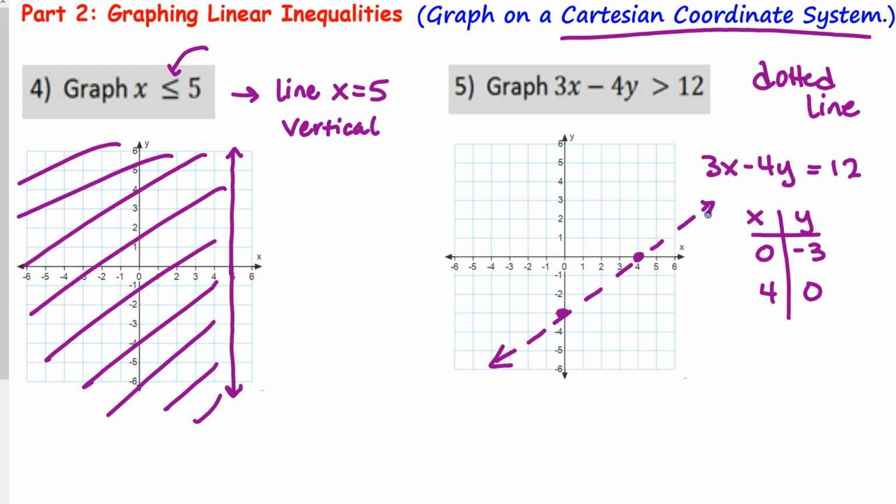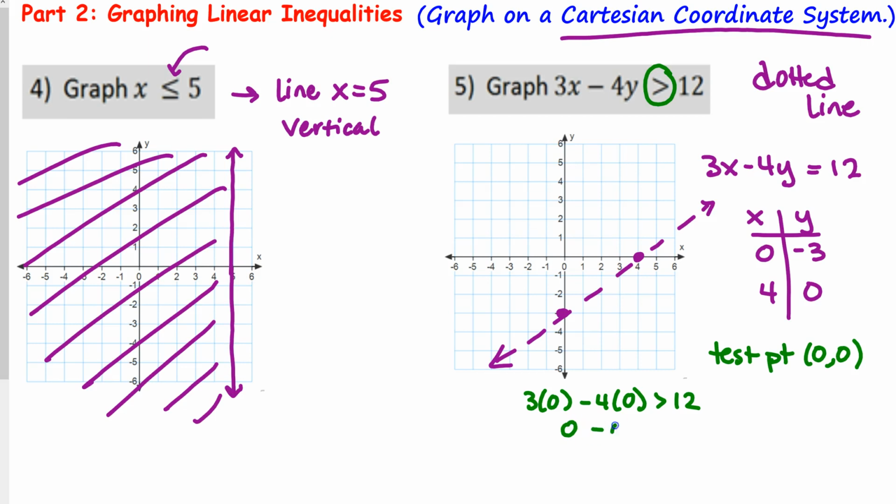And then we have to figure out whether we're shading above the line or below the line. You can't always trust the direction of the inequality. If your equation is not in slope-intercept form, then don't trust the direction of the inequality. So what we can do is use a test point. And my favorite test point is 0, 0. So if 0, 0 is not on your line, then use it as a test point, substitute it into the inequality, and see if it makes it true. 3 times x minus 4 times y is greater than 12.